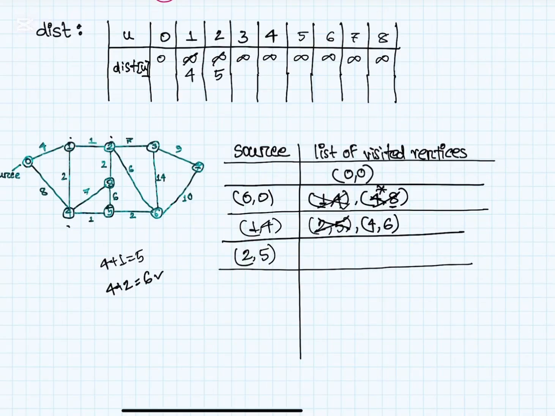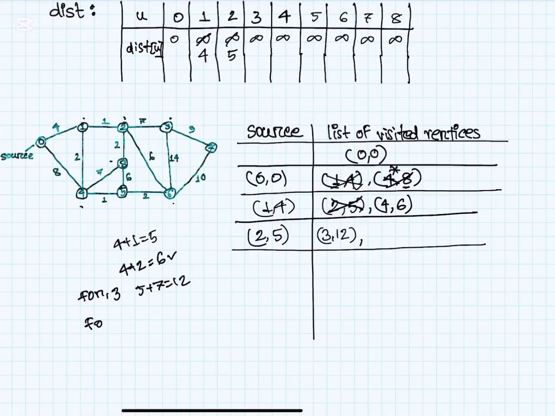From 2 we can go to vertex 3, 6 and 8. So for 3, distance will be 5 plus 7 equals to 12. So 3, 12. For 6, the distance will be 5 plus 6 is equals to 11. So 6, 11.